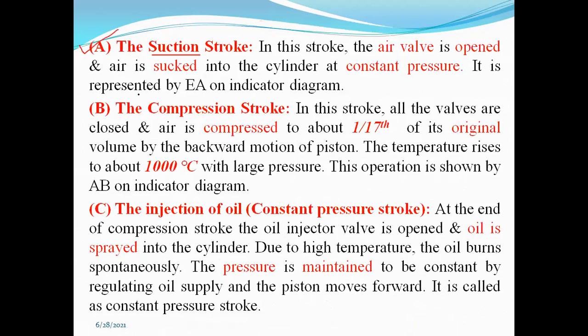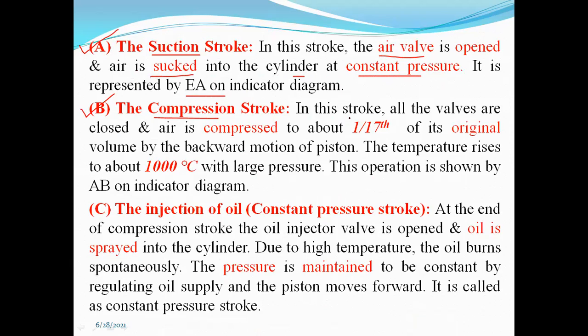In this stroke, the air valve, that is the inlet valve, is open, and air is sucked into the cylinder at constant pressure. It is represented by EA on the indicator diagram, which we shall see in the next slide after this discussion. Then the second one is the compression stroke.